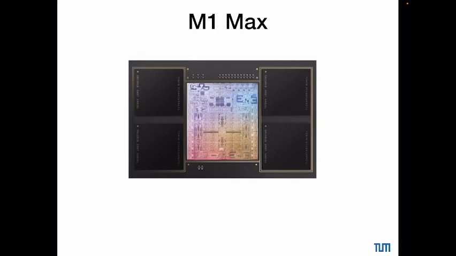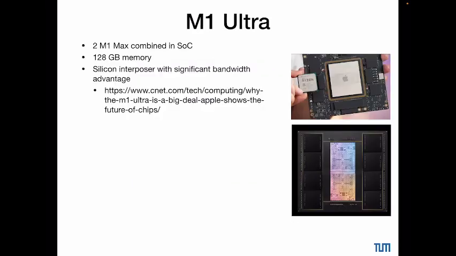So that is a picture. You have the memories over here, and this is the M1 Max in the middle. By searching for what's going on, we see Apple also now has the M1 Ultra. It's not used in laptops, but it's basically two of these M1 Max connected together by a so-called silicon interposer.